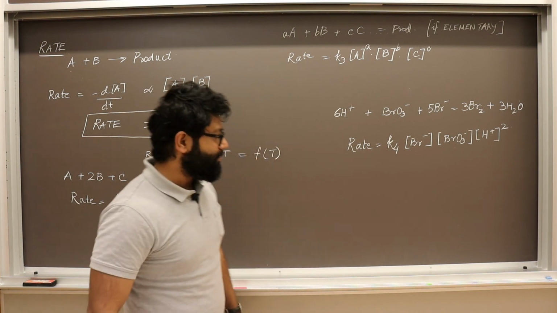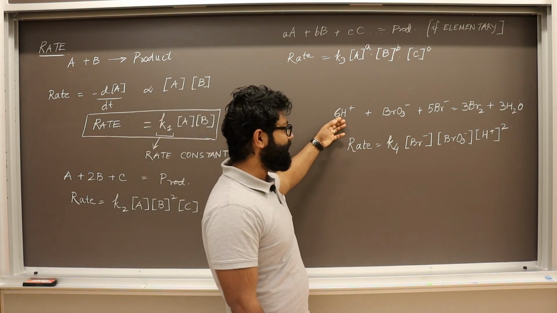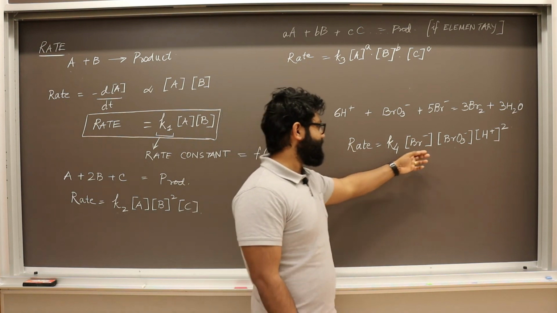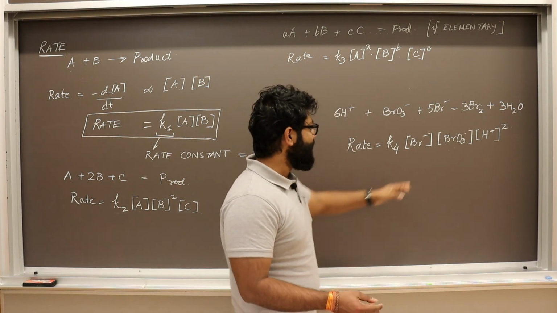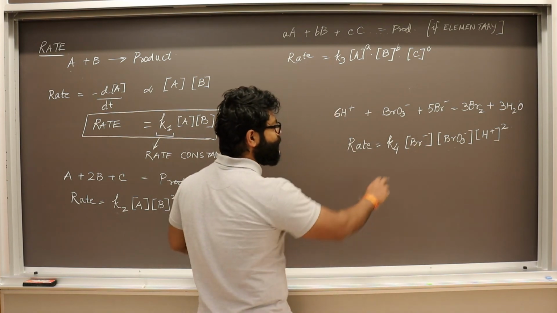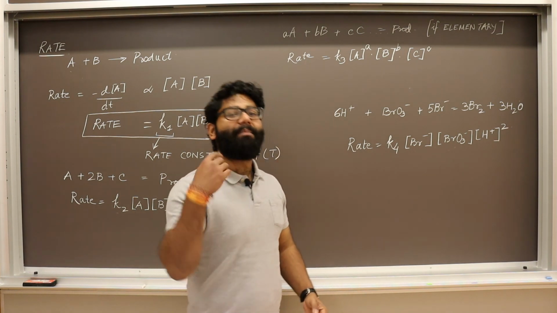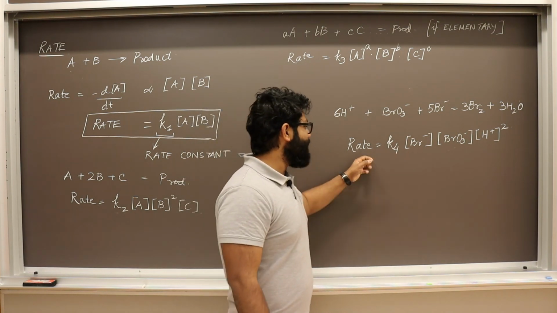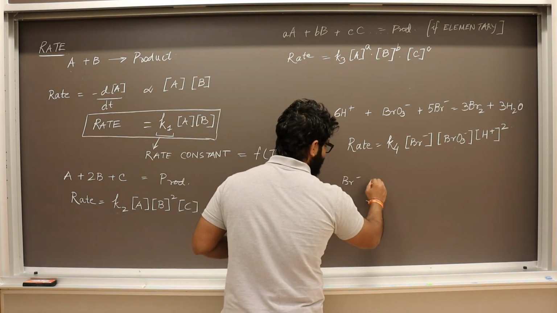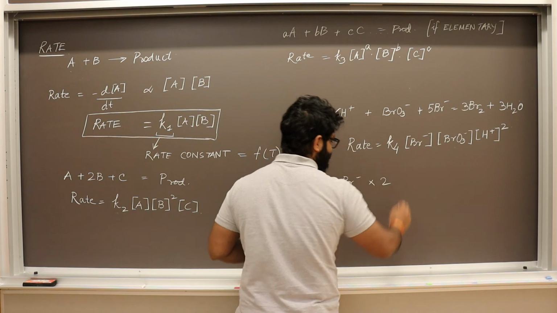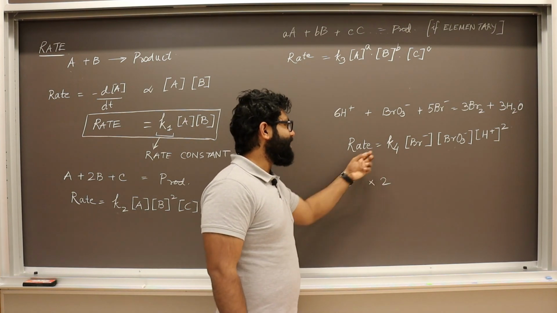What this means is the rate of this reaction is dependent on the concentrations of bromide, bromate, and H plus. And in what fashion? If you double the concentration of bromide in here, how will the rate change?